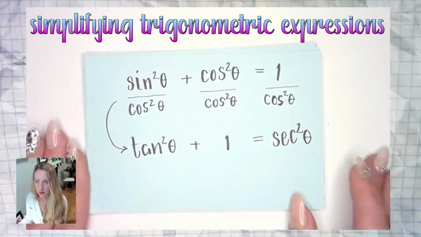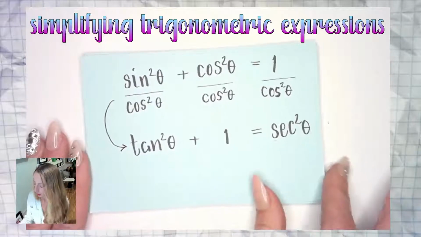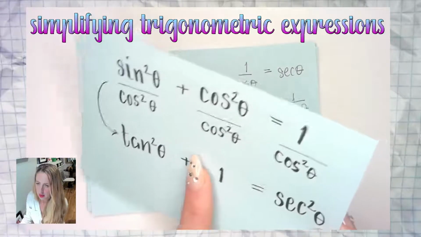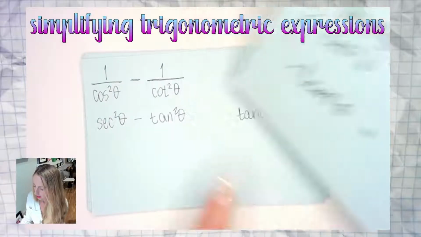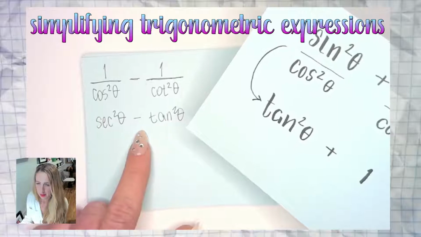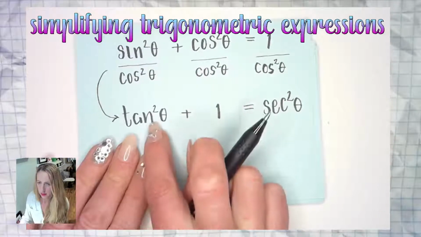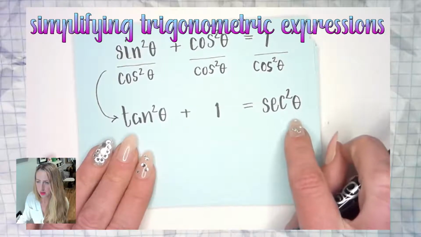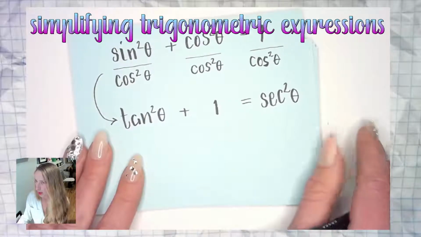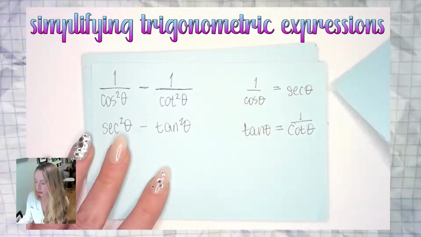And that, in fact, will give you this cutie pie right over here. That being said, can we bring things around so that we're looking at secant squared theta minus tan squared theta? Well, if I subtract tan squared theta to this side, what do I get? If you said 1, you're absolutely amazing, and that's all there is to it.